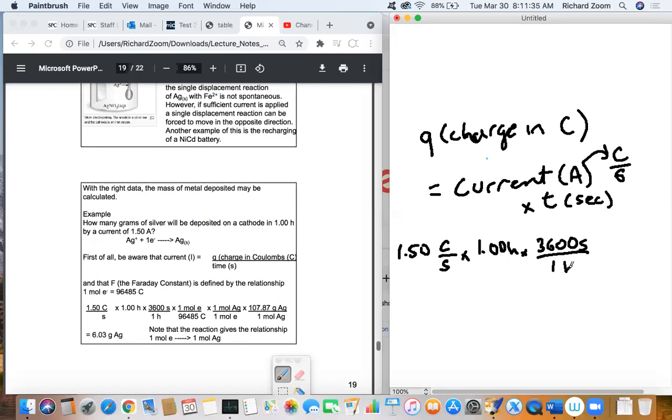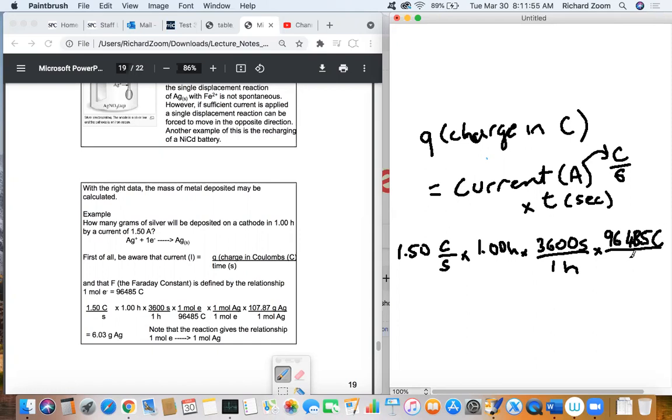Now, if I stop right here, what I'll be left with is coulombs. But I want to convert that into moles of electrons. So I can do that by multiplying by the Faraday constant. This is something you'll be given, by the way. You'll see this on the test. It's not something I hide from you.